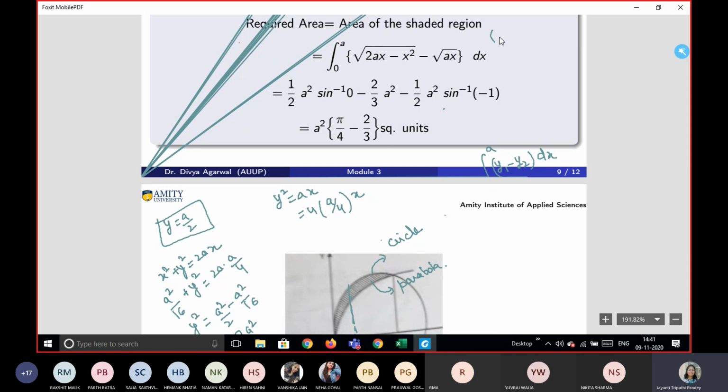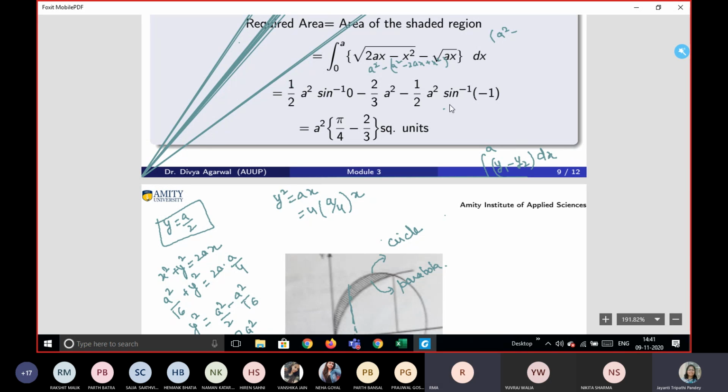This is a square minus... I'm converting this. Just see, if I take out minus, I add a square and I subtract a square, and I write it like this. Is it okay?